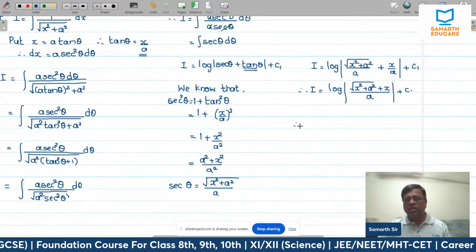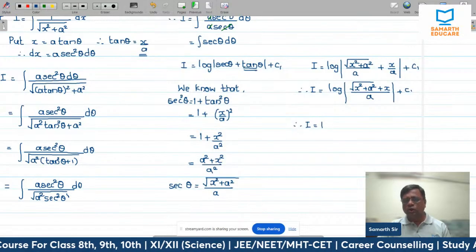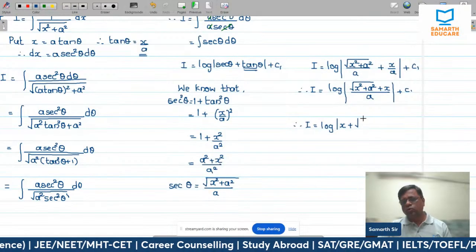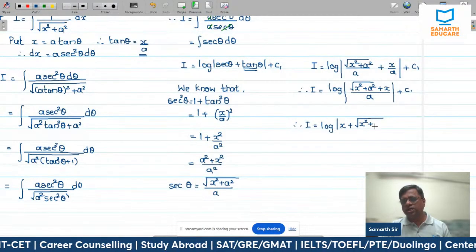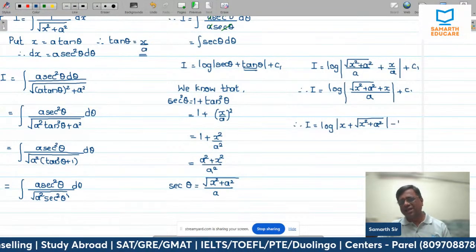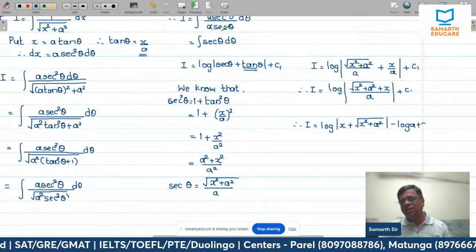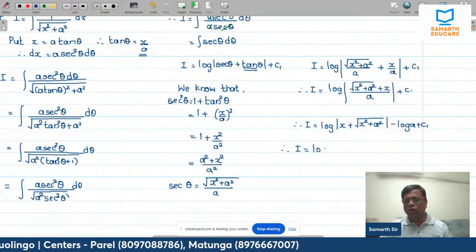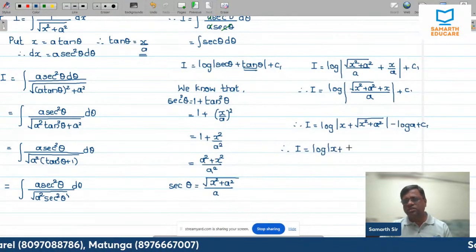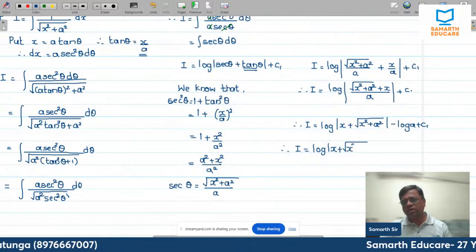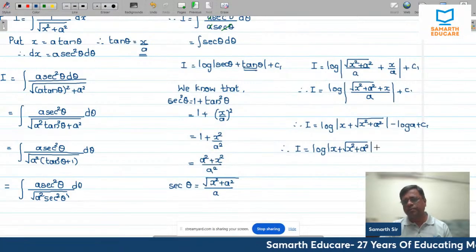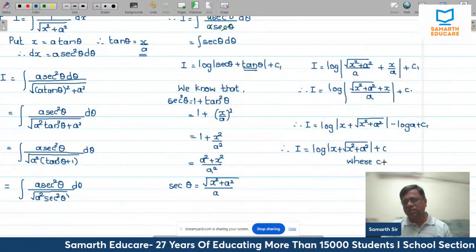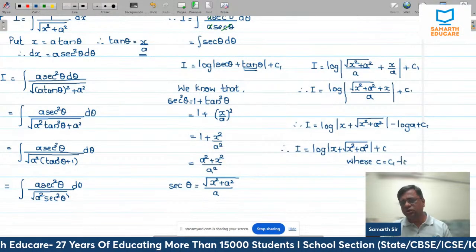That means I is equal to log of x plus root of x square plus a square minus log a plus c1. And just like the previous part, I is equal to log of x plus root of x square plus a square plus c, where c is equal to c1 minus log a.